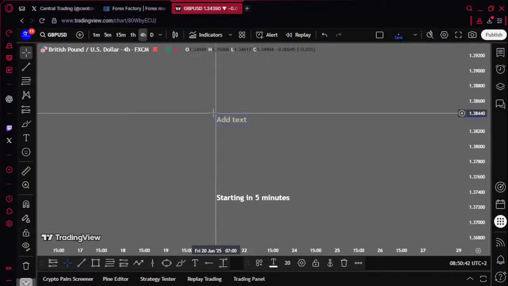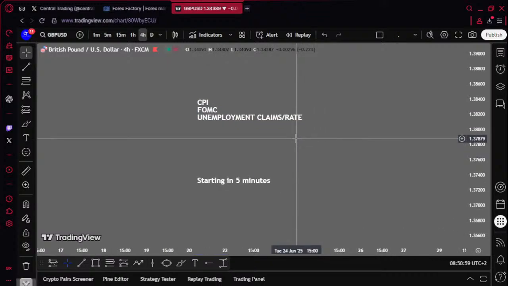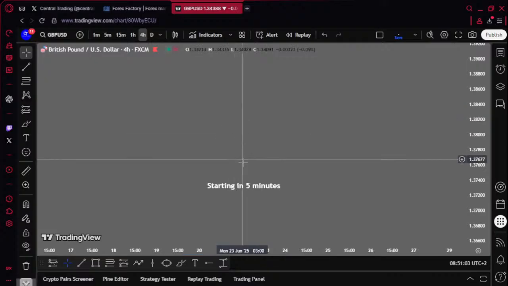Because the thing is, the only news events that I really avoid might be CPI, FOMC, unemployment claims, and unemployment rate, and those are the big ones that I really try to avoid.